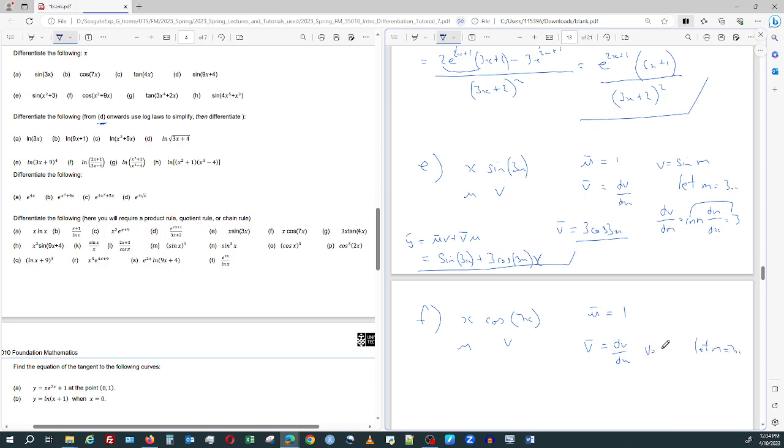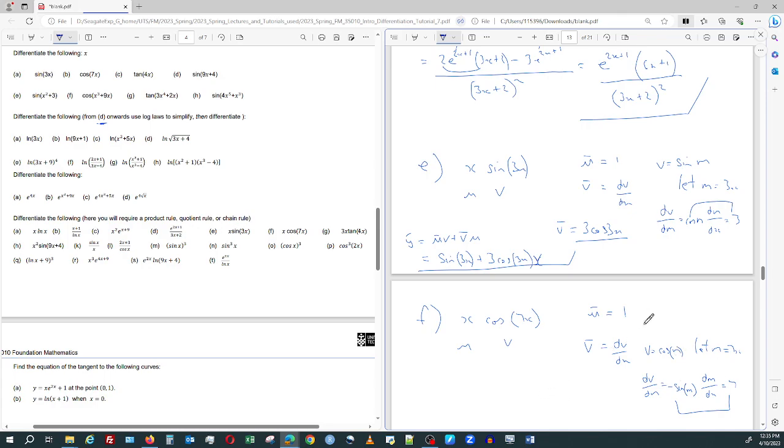V will be equal to the cos of m. dv dm and dm dx, dv dx. So that will be 7. And that's minus sine m. So we're going to chain those together and change it back to x.